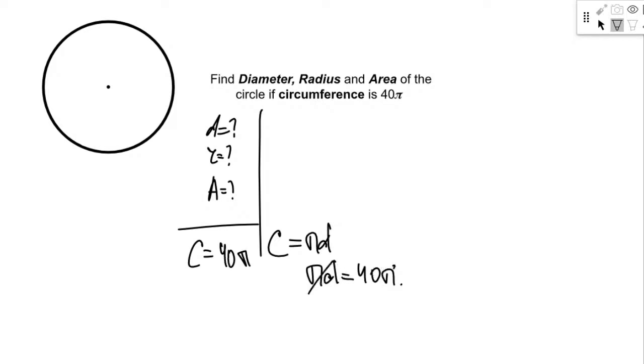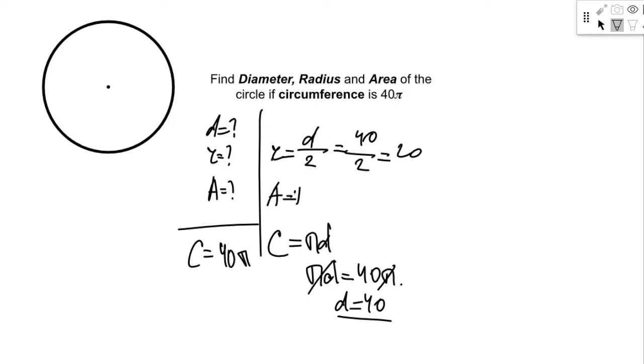So we get rid of π's, and diameter equals 40. So we found it. Radius: we know that radius equals diameter divided by 2. It's 40 divided by 2, and it makes 20. And what is the area? Area equals πr squared. So it would be π multiplied by 20 squared, and it's going to be 400π.